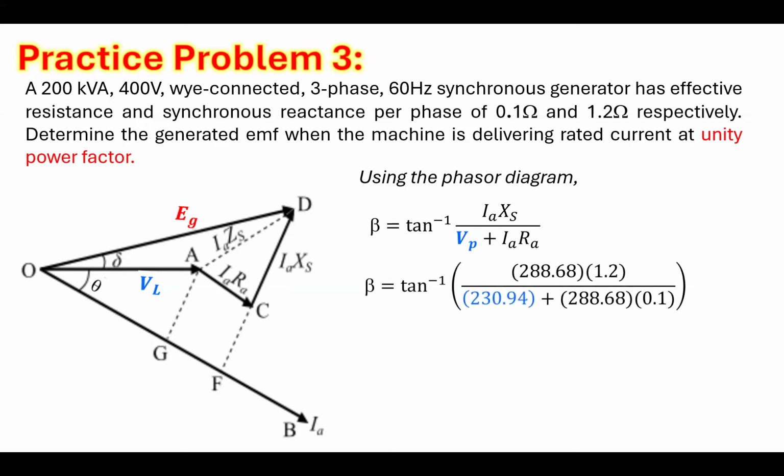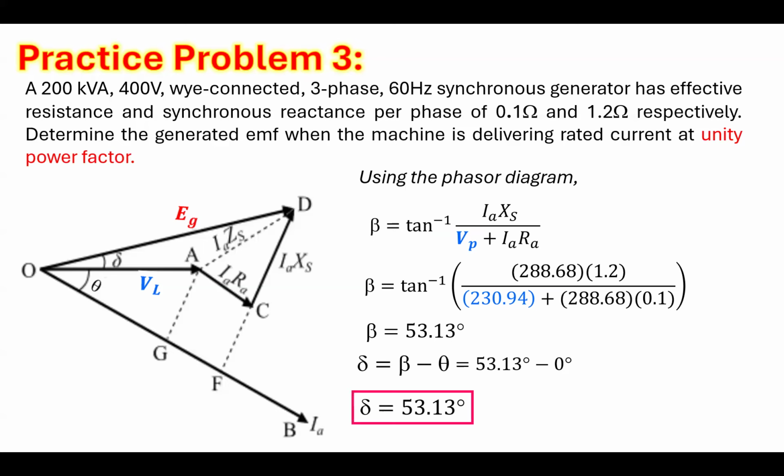So substitute all the values, then beta is equal to 53.13 degrees. To get the power angle, simply subtract theta from beta. So that will give us 53.13 degrees minus 0 degrees. So our delta, or the power angle, is 53.13 degrees, which is the same with our first solution.